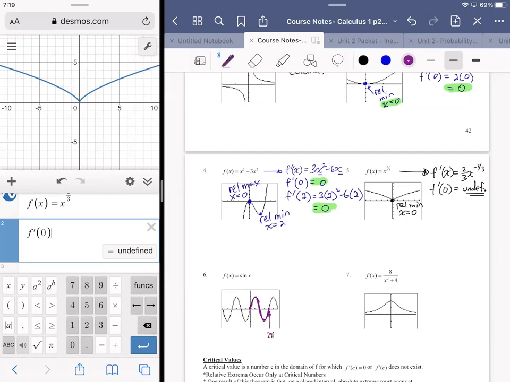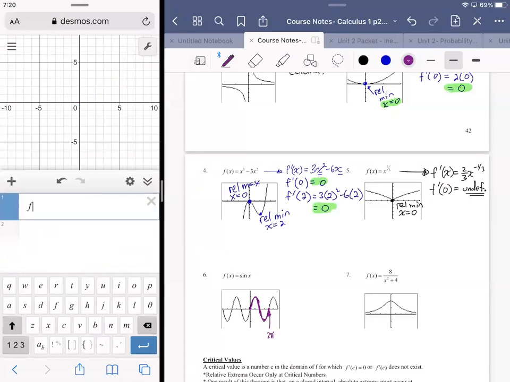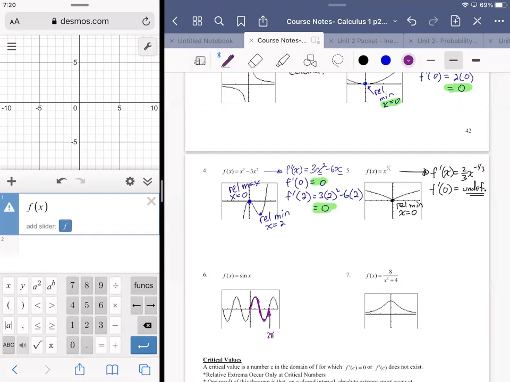So if I'm counting out, I could actually verify this very quickly in Desmos. f of x is equal to sine of x. But I only want to go, well, this is 2 pi, but I have a little bit more graph than just 0 to 2 pi.